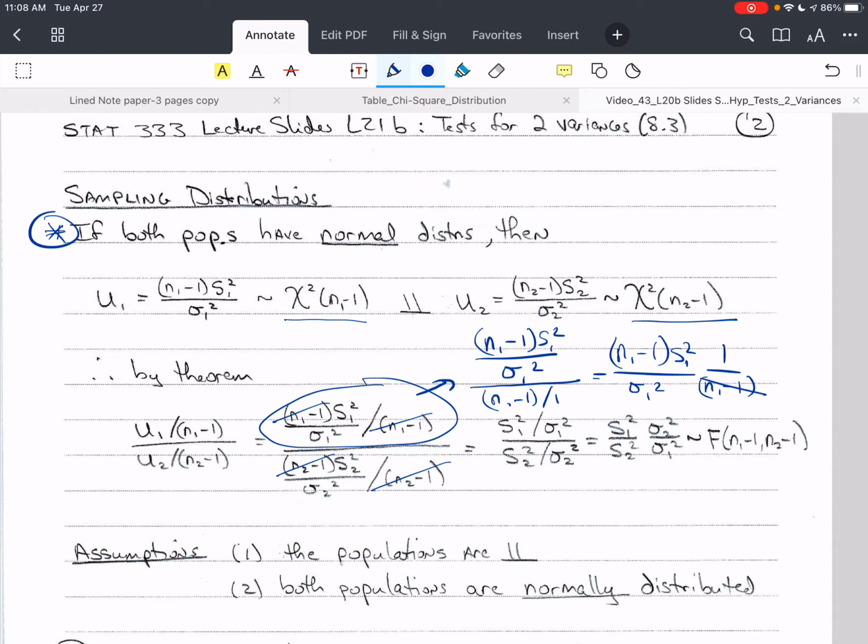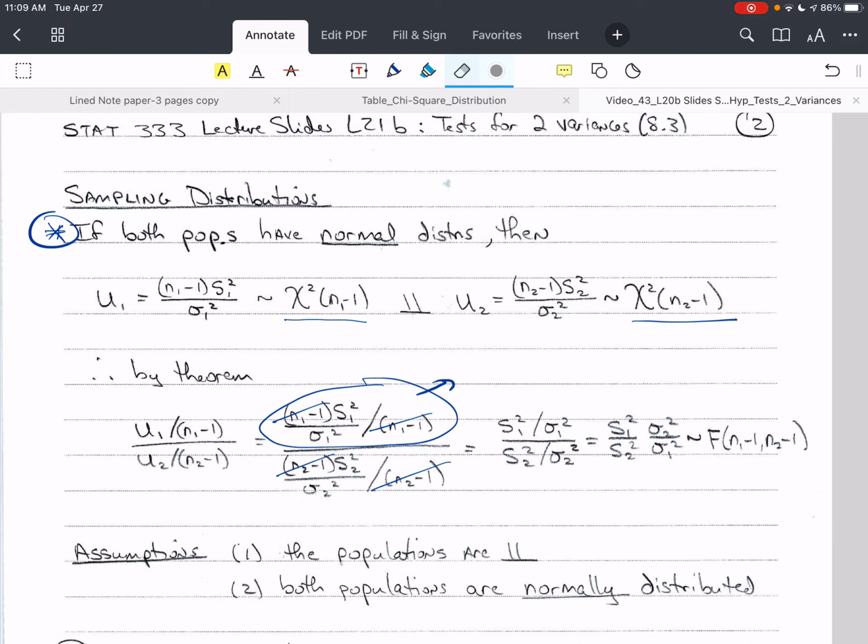The numerator and denominator cancel, giving us S1 squared over sigma 1 squared, which is exactly what we have here, and a similar result in the denominator. So, little basic algebra there. And so we can rewrite this as S1 squared over S2 squared times sigma 2 squared over sigma 1 squared, and this has an F distribution with N1 minus 1 and N2 minus 1 degrees of freedom.